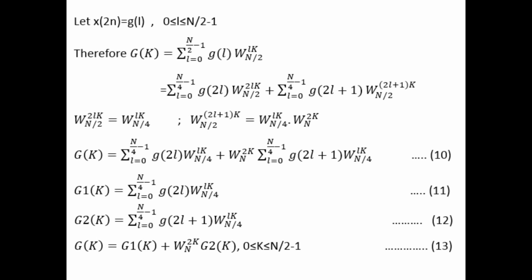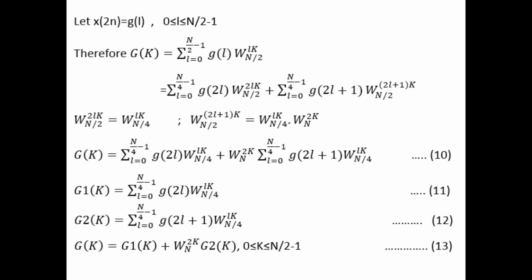Therefore, g of k is equal to summation l is equal to 0 to N by 2 minus 1 g of l into omega N by 2 of lk, which is equal to summation l is equal to 0 to N by 4 minus 1 g of 2l into omega N by 2 of 2lk plus summation l is equal to 0 to N by 4 minus 1 g of 2l plus 1 omega N by 2 of (2l plus 1) into k.